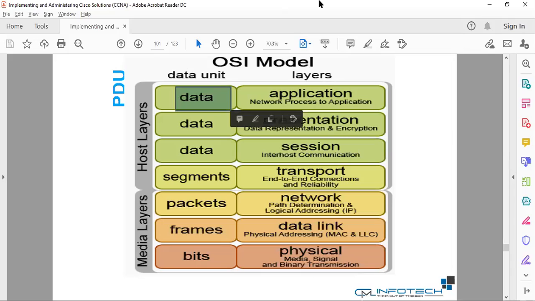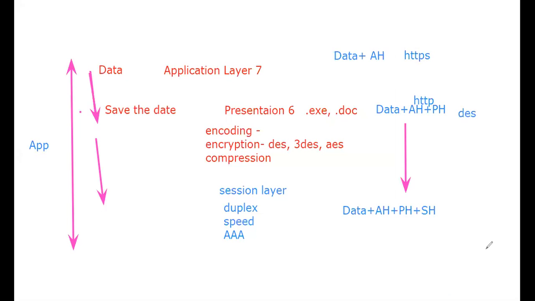In another way, let's say here we have the application layer, layer 7. This is the presentation layer, layer 6.